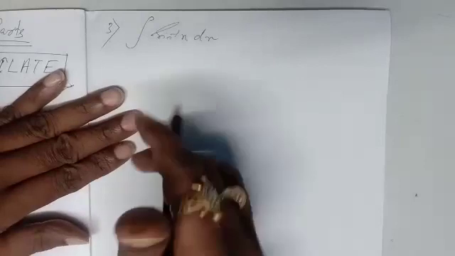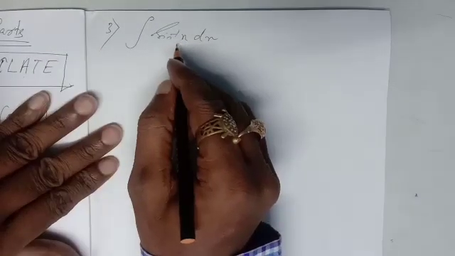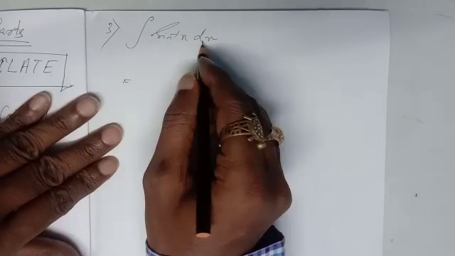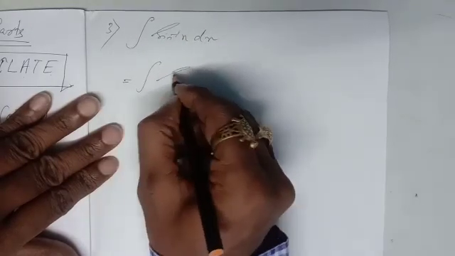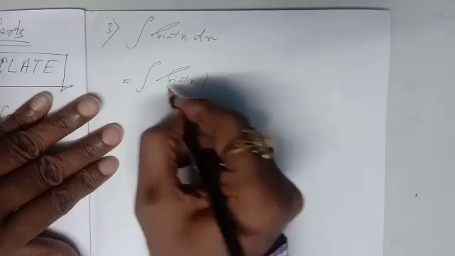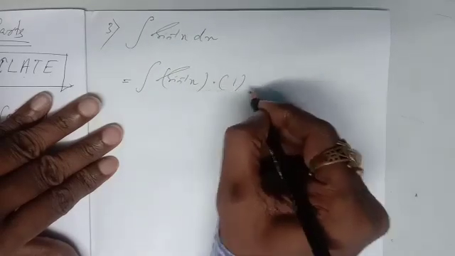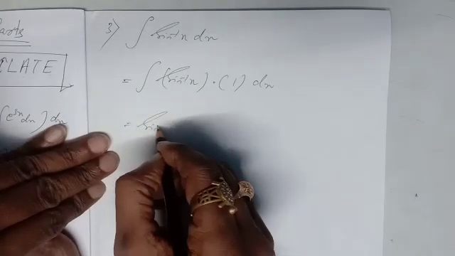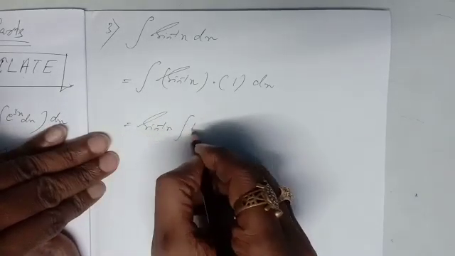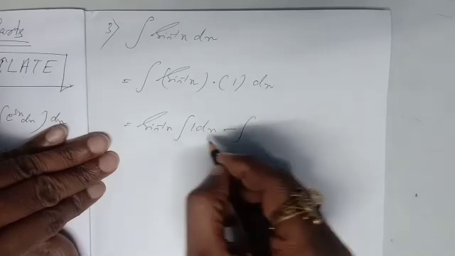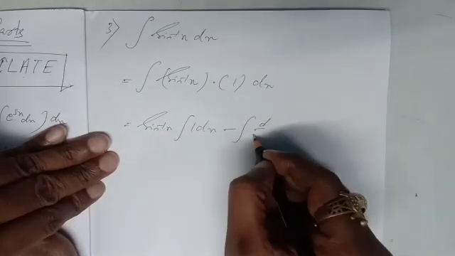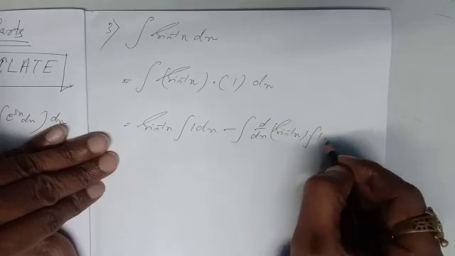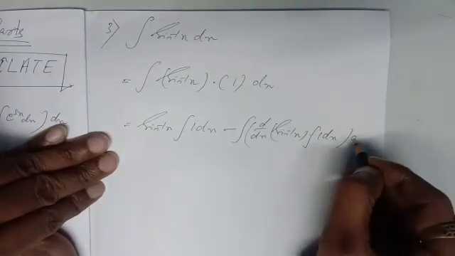Question number 3: integration of sin inverse x dx. Here only one function is given, that is the inverse function, that means there is no other function. So you have to assume sin inverse x is the first function and 1 is the second function. The first function sin inverse x into the integration of 1 dx, minus the integration of the derivative of the first function into the integration of 1 dx, whole dx.